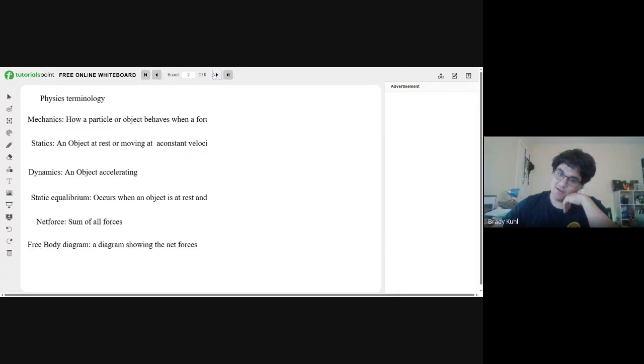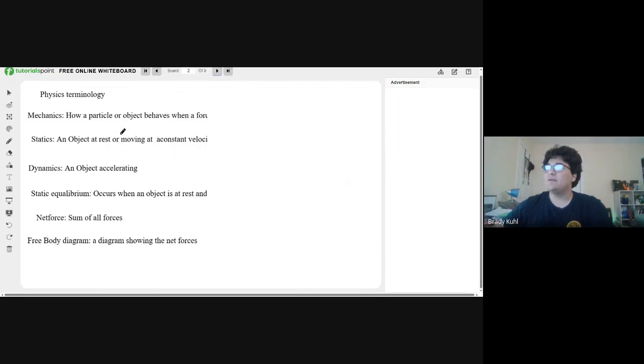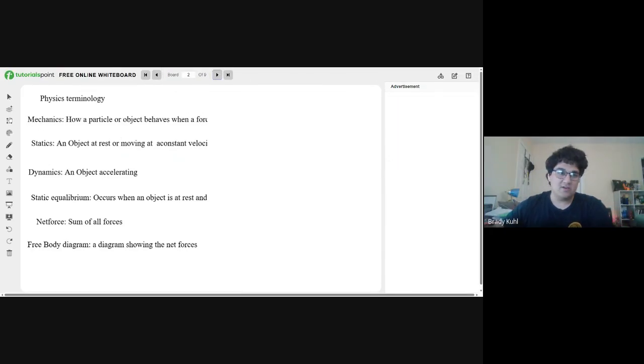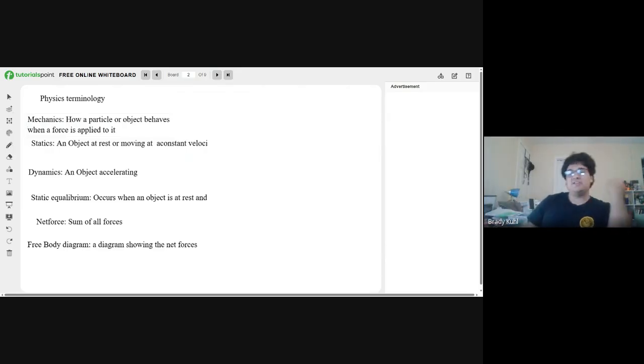There's physics terminology. Mechanics is how a particle or object behaves when a force is applied on it. Dang it, I also messed up on this one. Hold on. When a force is applied on it, basically it supports part of Newton's second law, where the ducky is moving because I'm making it move back and forth.